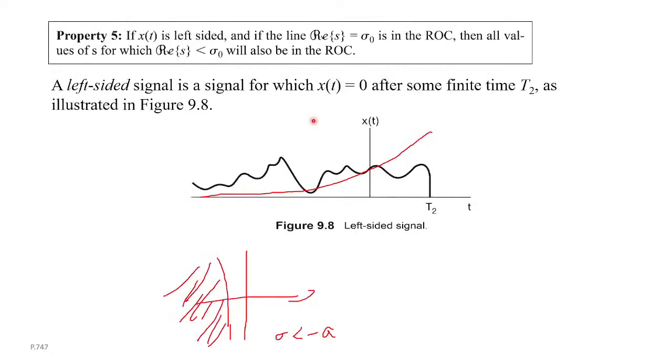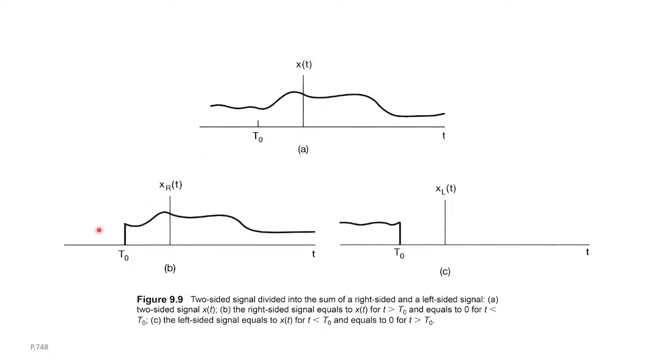Anyway, the derivation here is that we can break our x of t, this two-sided function, into a left-sided function and a right-sided function. We think of this function as the summation of those two functions, a linear combination.